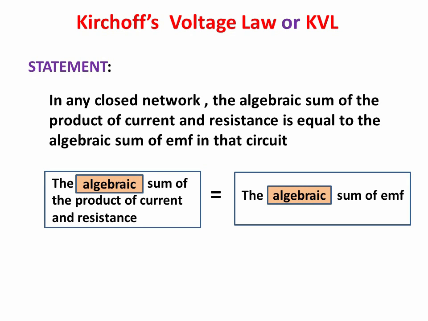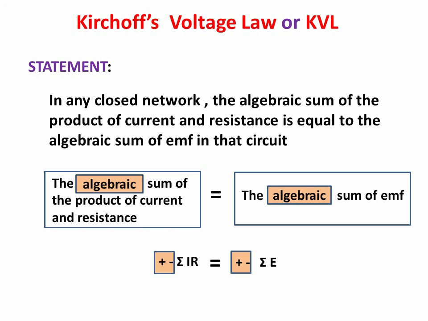Here we can write it like this. A very important term is algebraic. On the left hand side, the algebraic sum of the product of current and resistance; on the right hand side, also the algebraic sum of EMF. So plus and minus signs come from studying algebra. Sigma means summation, isn't it?